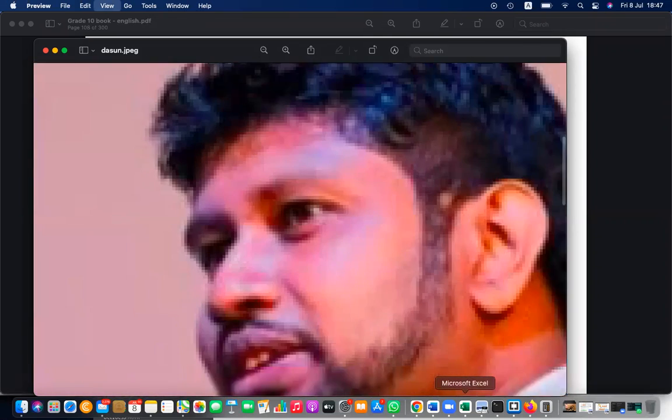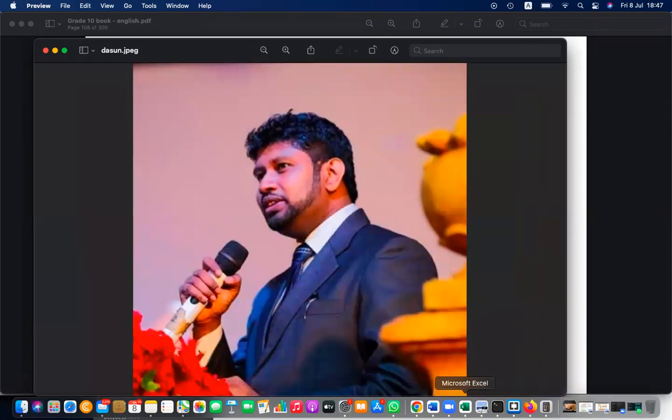These are creations using data representation, color representation. A picture is created using color dots. A video is created using moving pictures, right?